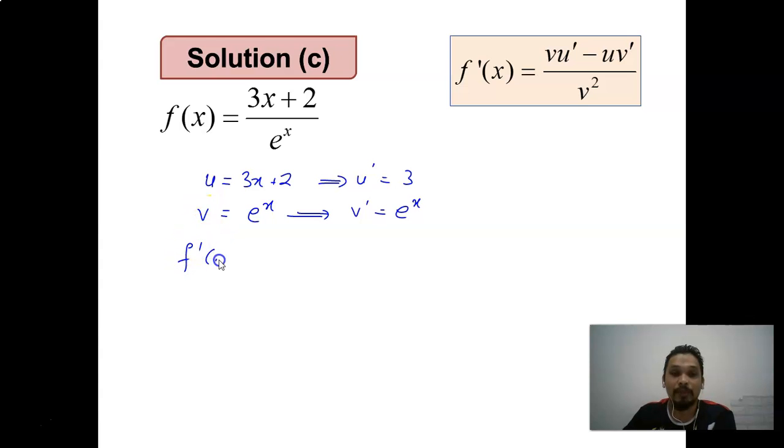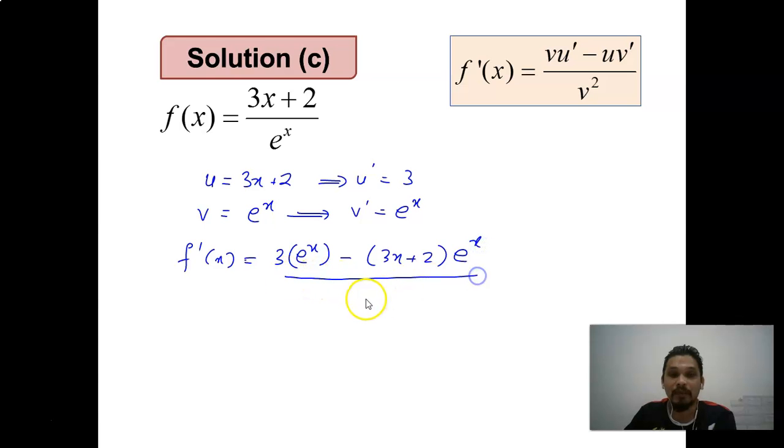So f prime x equal to, okay, for this one here, u prime multiplied with v. So u prime equal to 3 and v equal to e to the power of x, minus u, 3x plus 2, and v prime equal to e to the power of x, divided by e to the power of x squared. Okay.